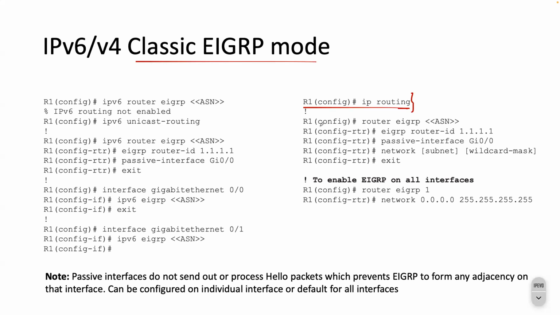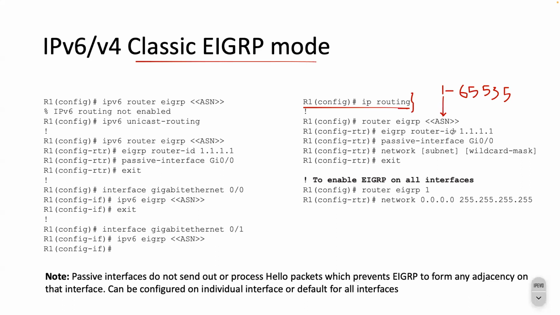Okay, and these are the commands to enable EIGRP in your router: router eigrp, and then you need to give an ASN number. This ASN number value can be from, I think, 1 to 65535. These are the possible values. Post that you can define your EIGRP router ID.